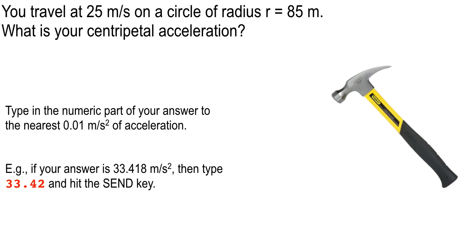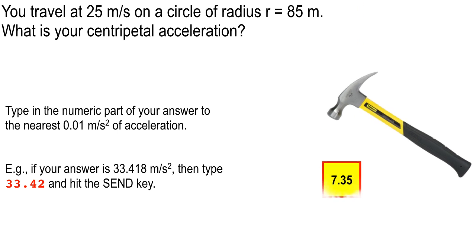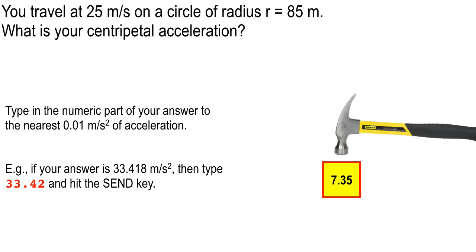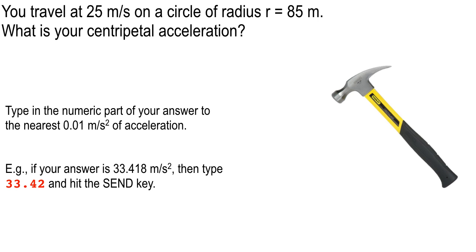Somebody had 3.788 times 10 to the 29. In other words, E29. I think that's a mistype. Anyway, the answer is, oh man, hold on.